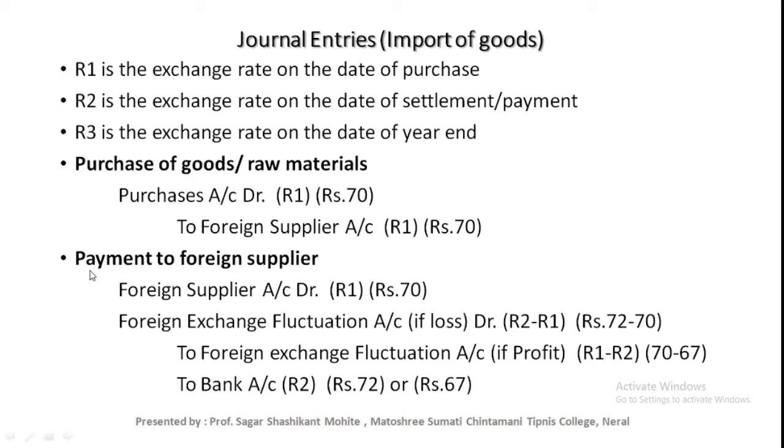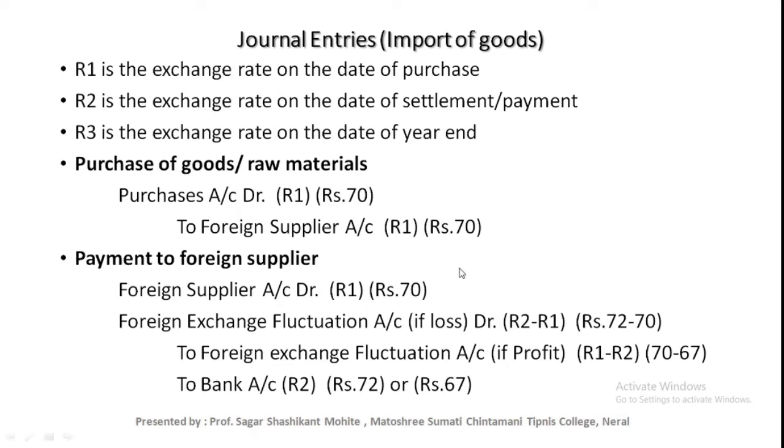Okay, the next transaction is payment to the foreign supplier. Now there will be two situations at the time of payment to the foreign supplier: the exchange rate will increase or decrease. The simple entry, if there is no foreign exchange fluctuation or any exchange difference, will be foreign supplier account debit to bank account. This is the simple entry for passing payment to the foreign supplier.